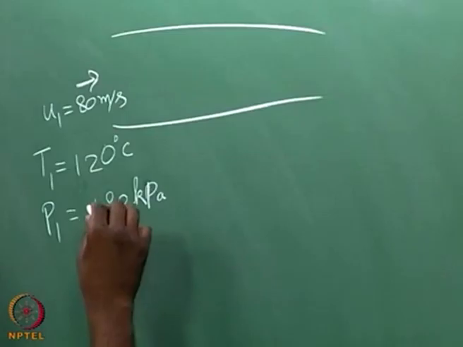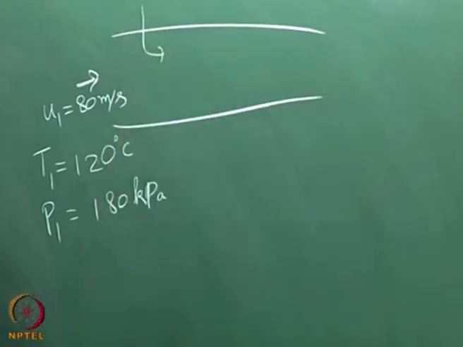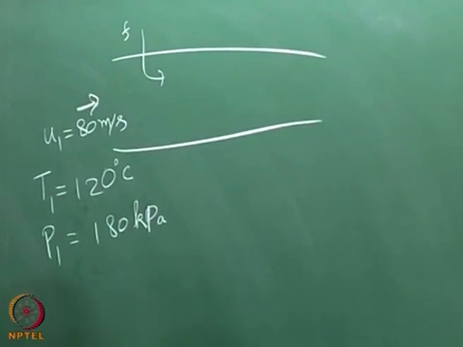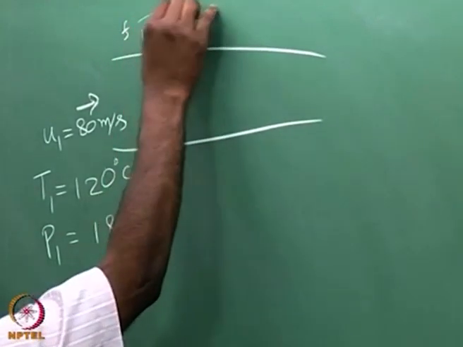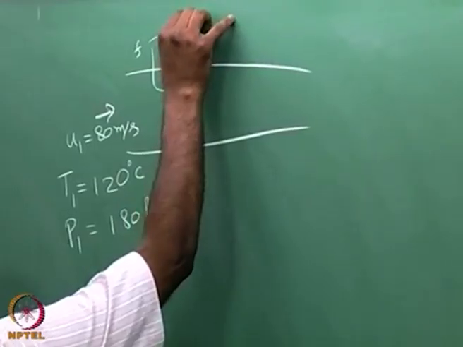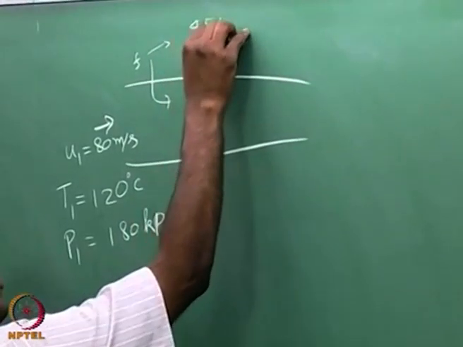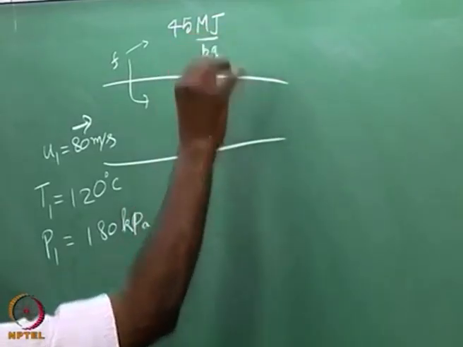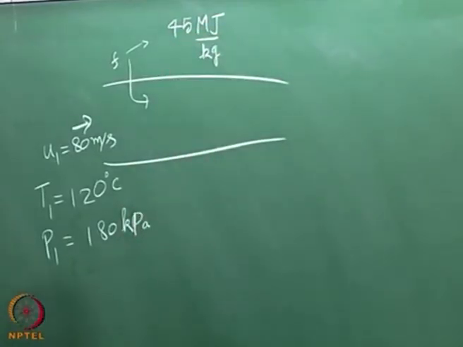I am having some fuel injected inside and it is burnt. Now, I am going to tell that the fuel has a heating value of 45 megajoules per kilogram of fuel. If I burn 1 kilogram of fuel, it is going to produce 45 megajoules.